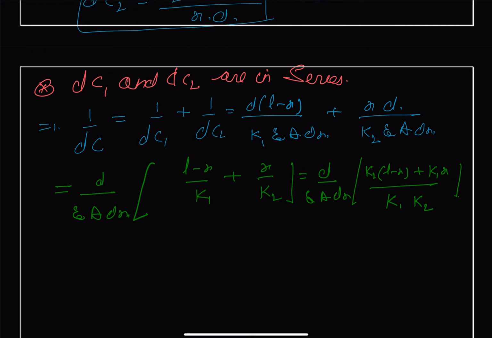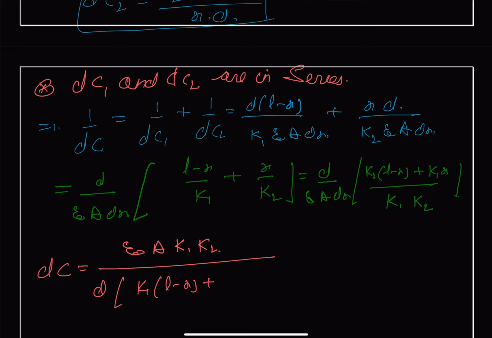So we get our DC will be equal to epsilon naught A K1 K2 divided by D, this is K1 L minus x plus, sorry, not K1 but K2 L minus x and K1 x, and this is our derivative d of x.